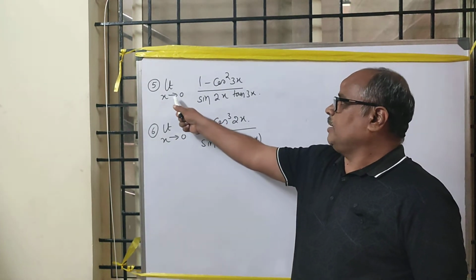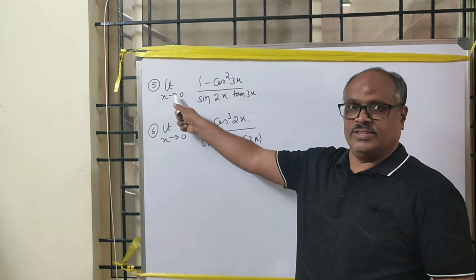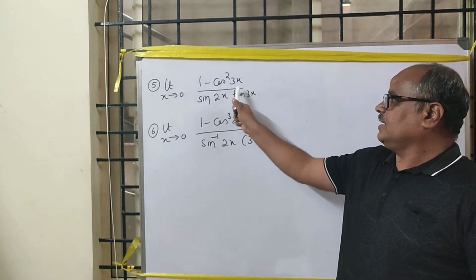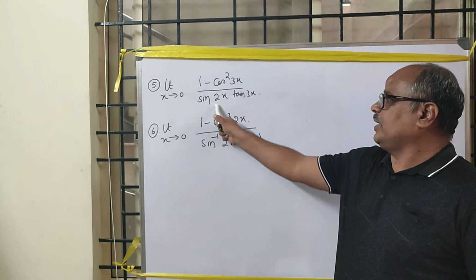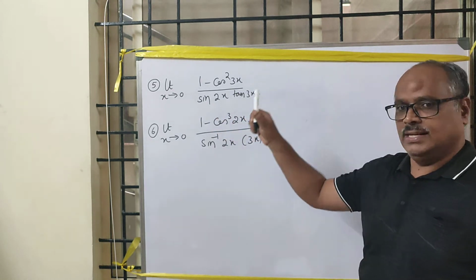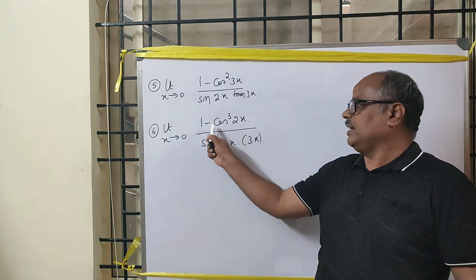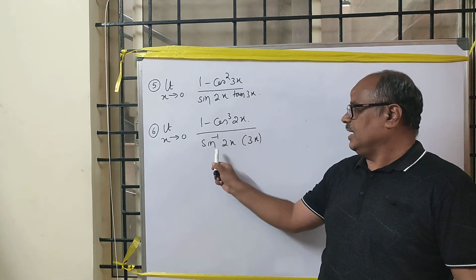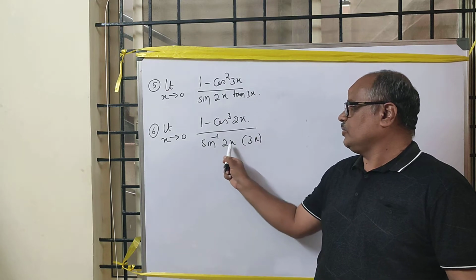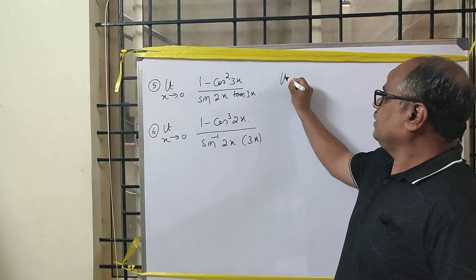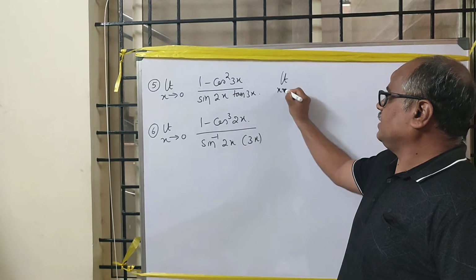The fifth problem is limit x tends to 0, 1 minus cos square 3x divided by sin 2x into tan 3x. The sixth one, limit x tends to 0, 1 minus cos cube 2x divided by sin inverse 2x into 3x. You have to remember this one, limit x tends to 0.